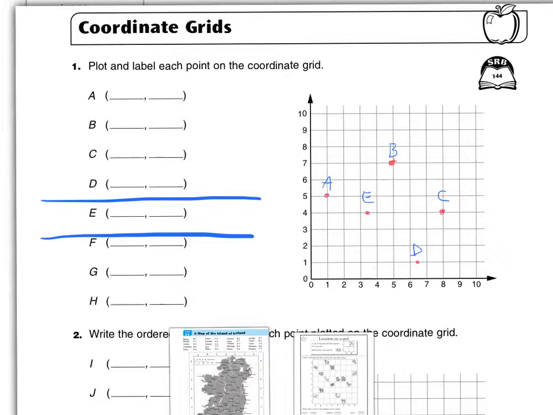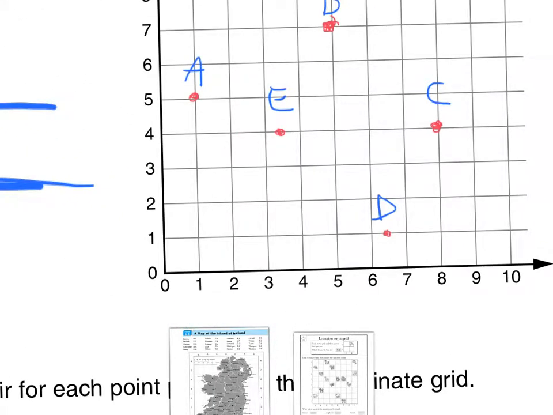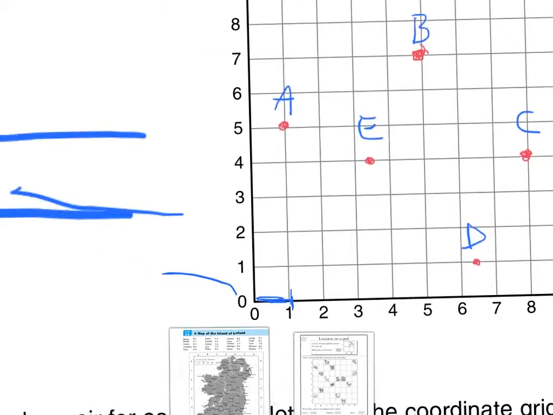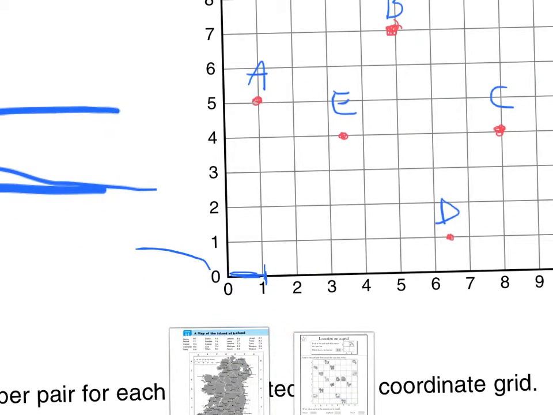Alright, so the first thing I need to do is figure out where A is located. Remember, you go over first, then you go up second. I know that if I go over 1, I'll see the A's in that column. So it would be 1, and then I have to go up how many? 1, 2, 3, 4, 5.